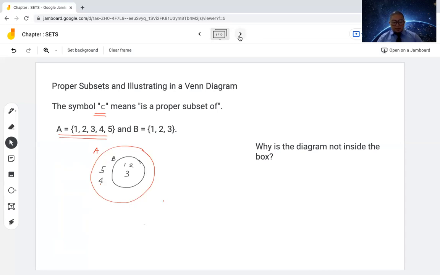So in this case, we can now say that B is a proper subset of A.